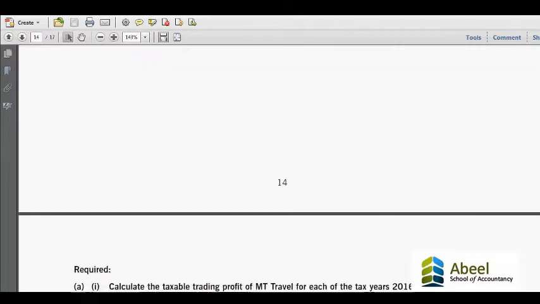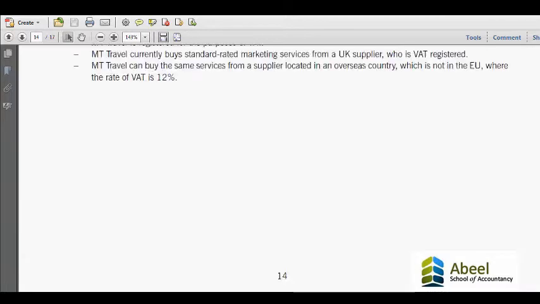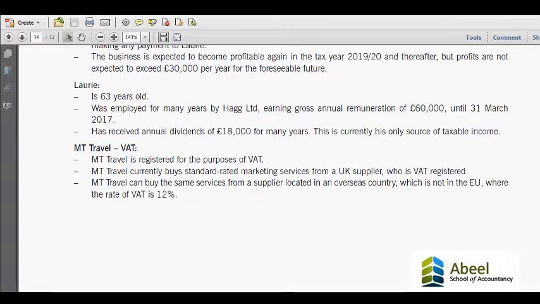We'll be discussing this in the last requirement, I believe, VAT: when a business to business transaction occurs and we buy services from another business which is not even in the UK, but in an overseas country which is not in the EU, we will see what sort of rule will apply. Basically, the rule will be very simple.